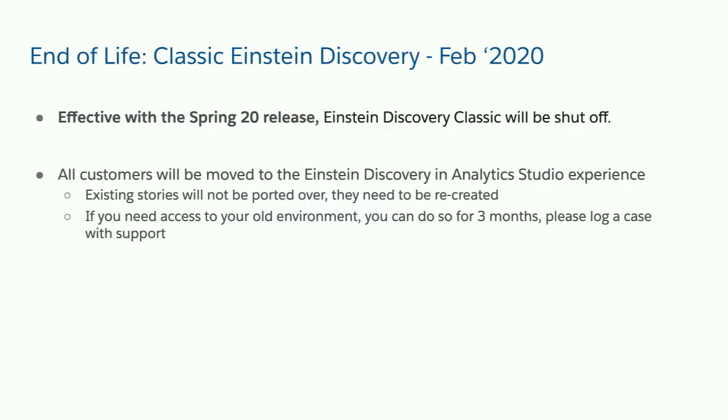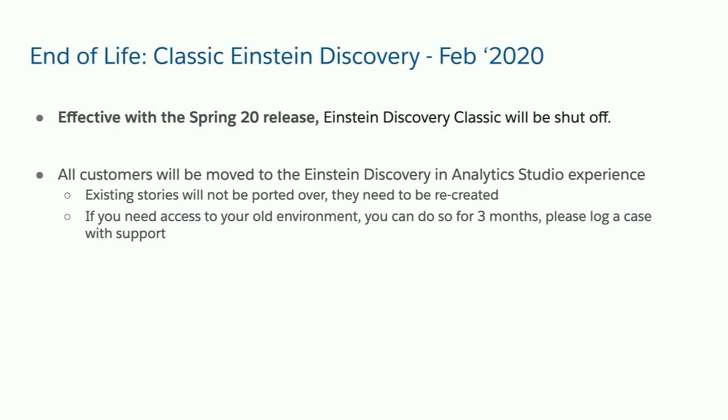And the last thing that I want to mention before I dive into the demo is the end of life for Classic Discovery. As the Spring 20 release rolls out, which will be sometime in February, you'll see that if you're still on AWS, you're automatically ported over onto the new version of Discovery. So we're really end of lifing the Classic Discovery.